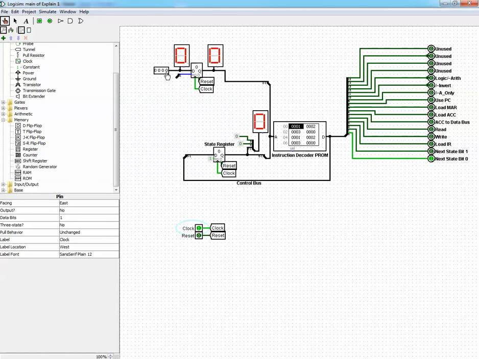But here I forgot to put this as a 1, so I'll do it from the beginning again. 0, 1, 2, and then I'll put here 1, and then toggle it, go to 0, 4, 0, 5, 0, 6, 0, 7, 0, oops, forgot to toggle it. So again 0, 4, 0, 5, 0, 6, 0, 7, and then 1, 0, which means 0, 8, 0, 9, 0, A, 0, B, and so on and so forth.